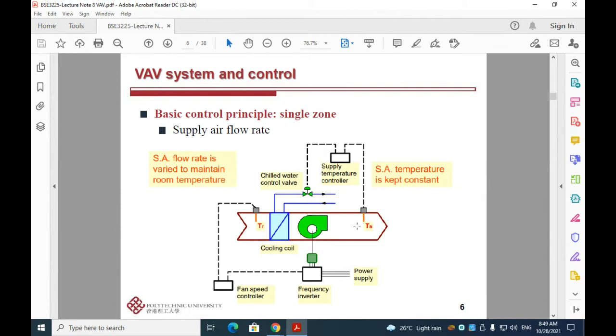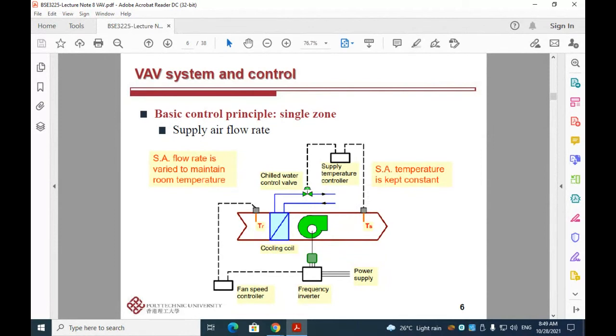Apart from this return air temperature sensor, we also have another supply air temperature sensor. The supply air temperature sensor is connected to a supply temperature controller, and this temperature controller can control the chilled water flow rate by connecting to a chilled water control valve.